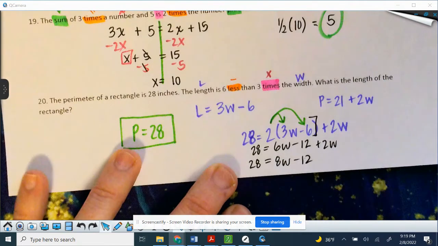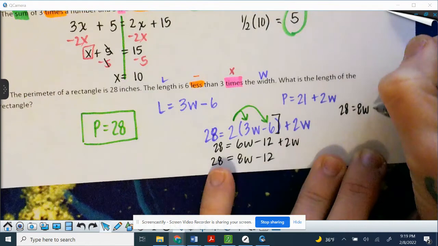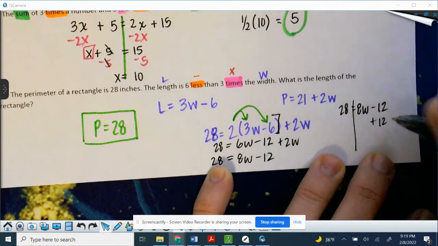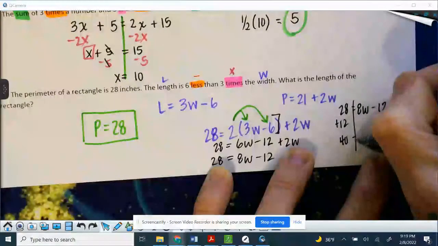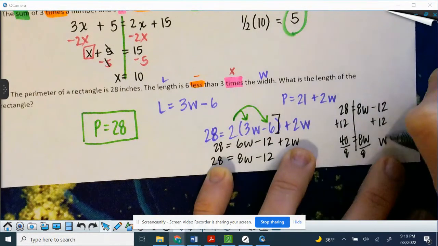I'm going to write it over here so we can keep working down. 28 equals 8W minus 12. So our great divide, we're going to add 12. And we get 40 equals 8W. Divide by 8. The width is going to be 5.